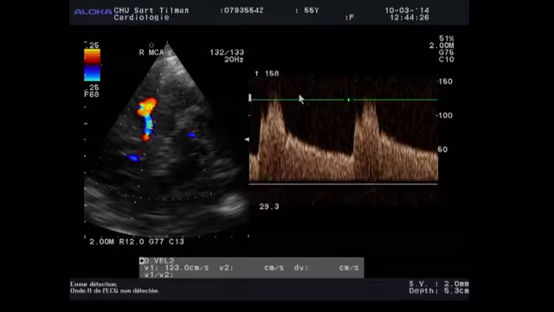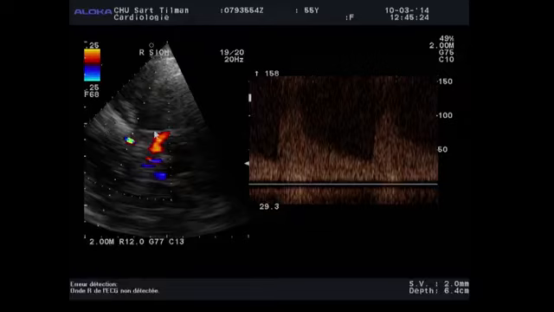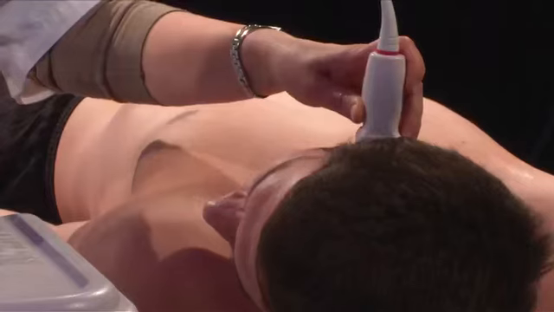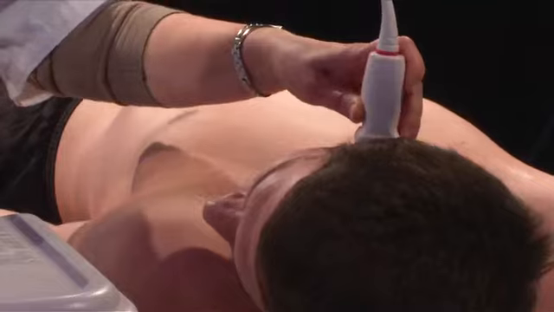This is the same one. This is the posterior cerebral artery. This is the carotid siphon. You just move a bit the direction of your probe to find it. You don't move your probe, just the inclination.